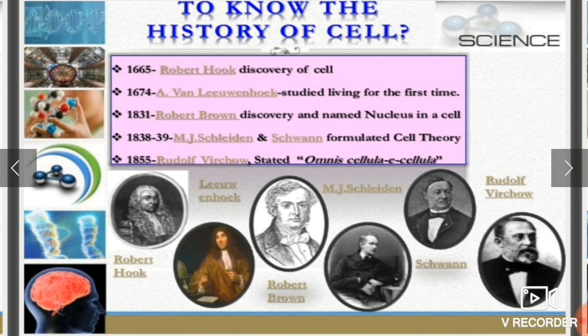What is the nucleus, friends? It is the brain of the cell. Who discovered it? Robert Brown. These are the important names which you have to remember with the years. Then in 1838 to 1839, Schleiden and Schwann formed the cell theory. Then in 1855, Rudolf Virchow extended the cell theory.